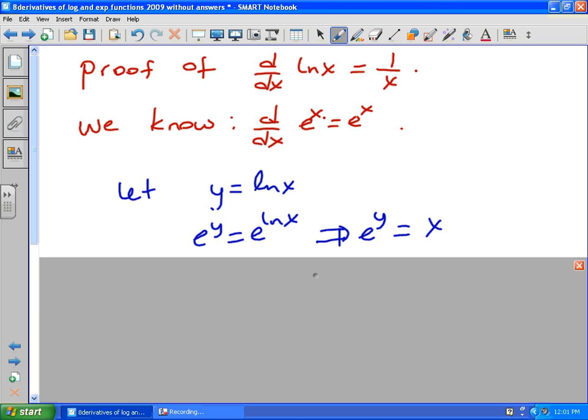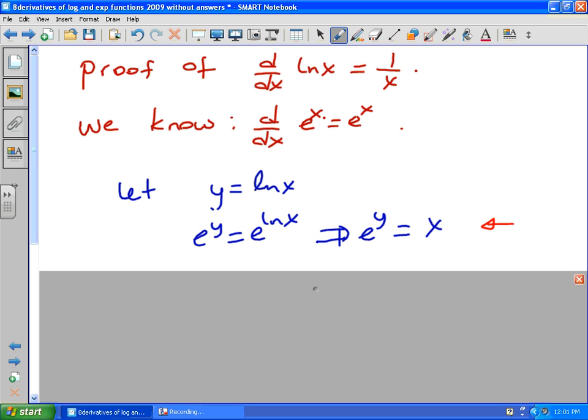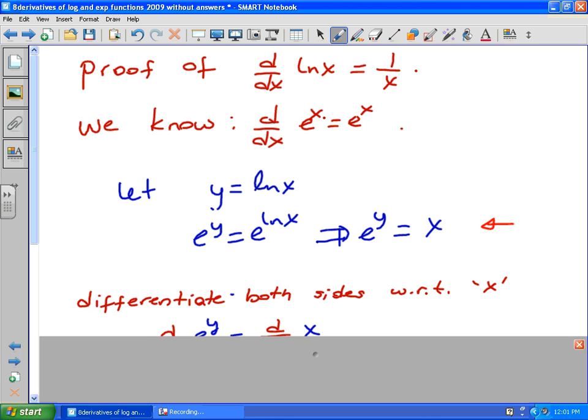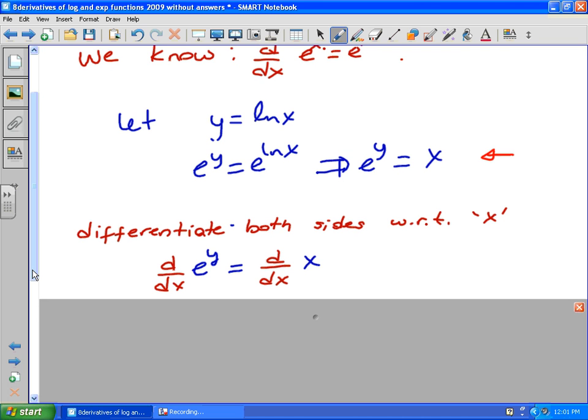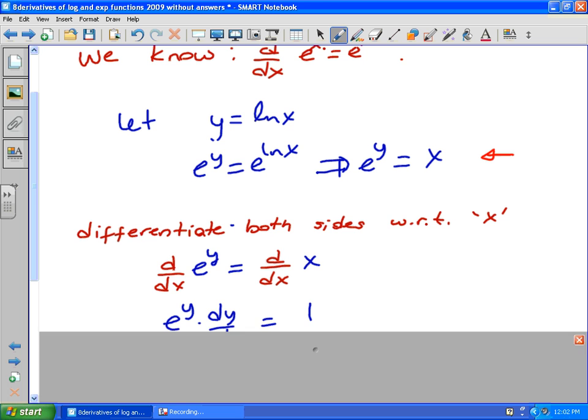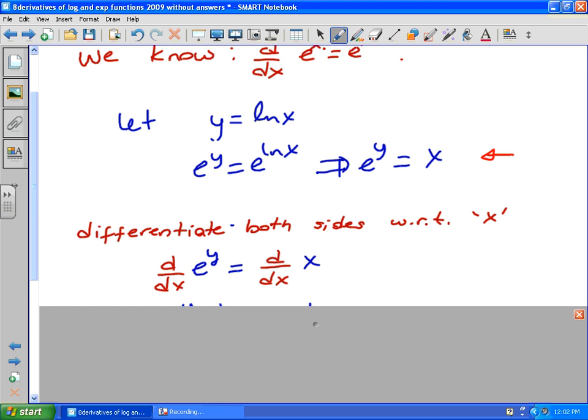Now let's differentiate both sides of this equation with respect to x, starting with the derivative of e to the y. That is kind of like e to the u, and the derivative of e to the u with respect to x is e to the u times u prime. So basically I took the same equation as the step from above, and I'm saying I'm going to differentiate now both sides with respect to x, but I haven't yet taken the derivative.